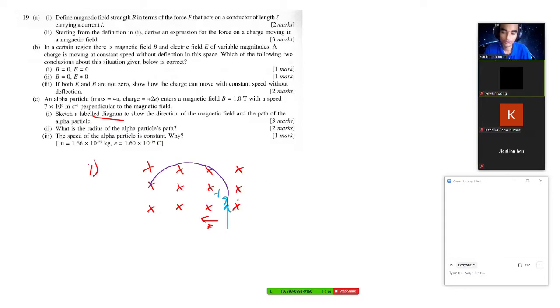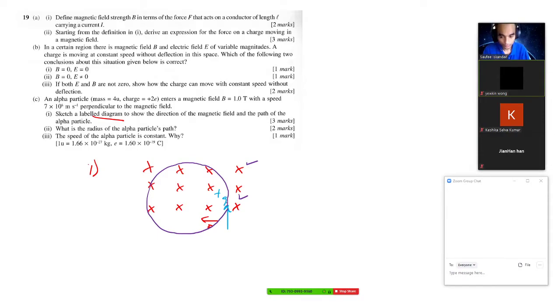Actually, it's circular motion. After that, it will be going in this way. So this will be the answer. B pointing in, Q in circular motion, deflected, and the force pointing towards the left.